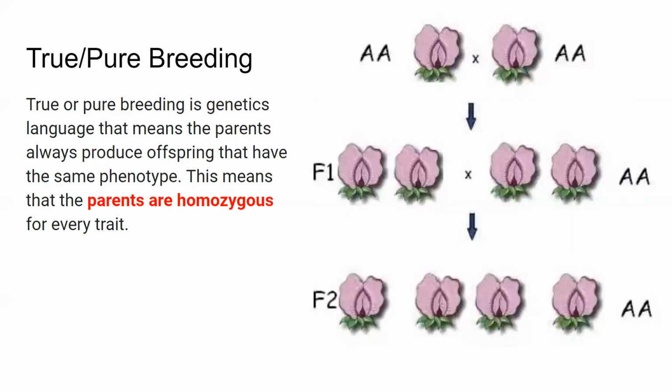Says who? True breeding means that the parents are homozygous. So true breeding or pure breeding means that the parents will always produce offspring that have the same phenotypes. So that means they have to be homozygous. If they were heterozygous, they might give you a white flower, right? But if the parents are both homozygous, there's no way to ever get a white flower.